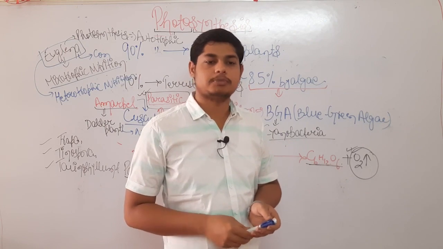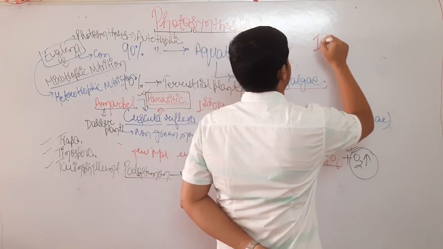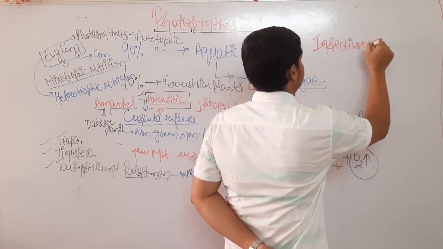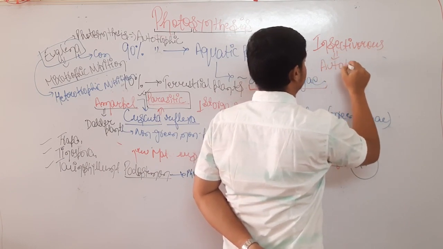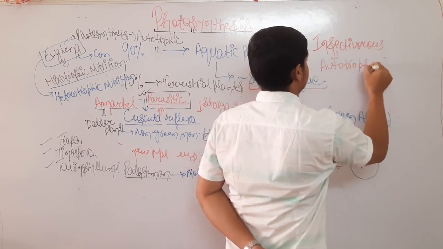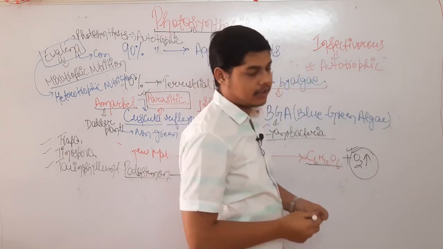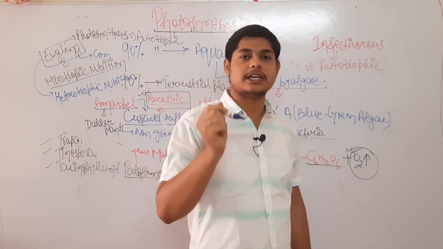Insectivorous plants are basically autotrophic. Then a question arises: if they are autotrophic, why do they feed on insects?